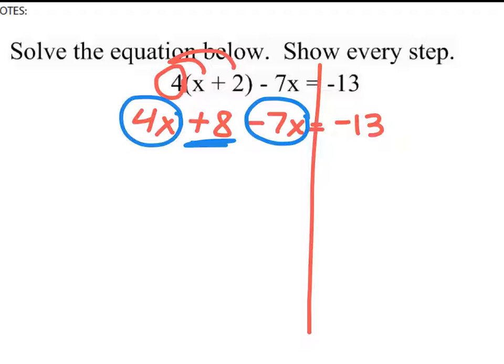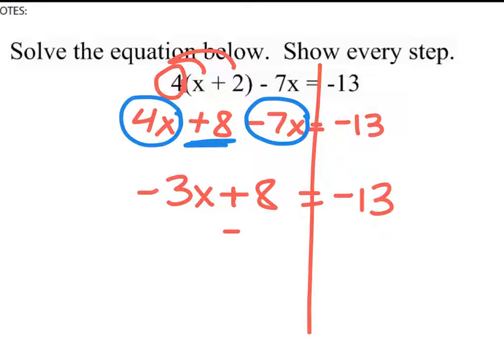So we can combine those, 4x minus 7x. If you use your number line, you're at 4, and you go down 7, which would land you at negative 3x, plus 8. Bring down the 8 because it doesn't have any buddies. Now it's just a two-step equation.